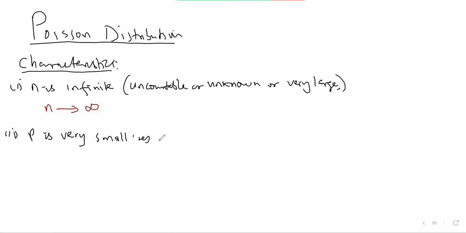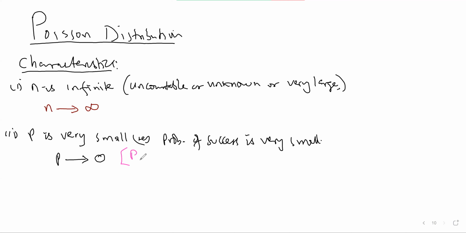That is, the probability of success is very small, which means that P approaches 0. That's why we say that the Poisson distribution is used for rare events, events which do not occur quite often.